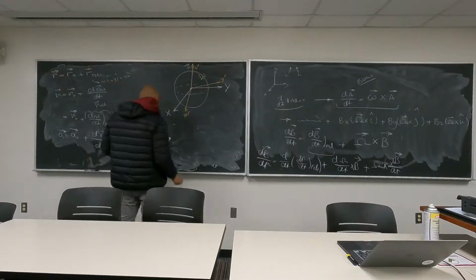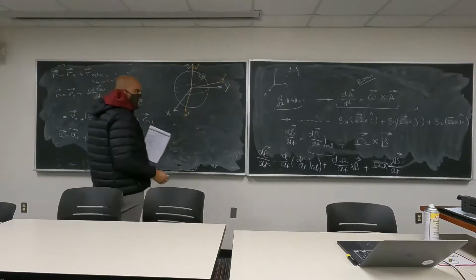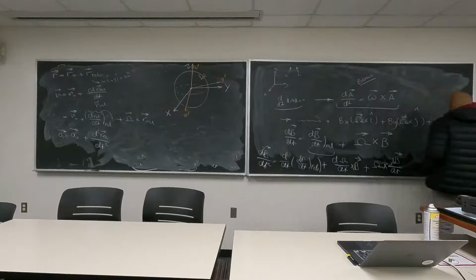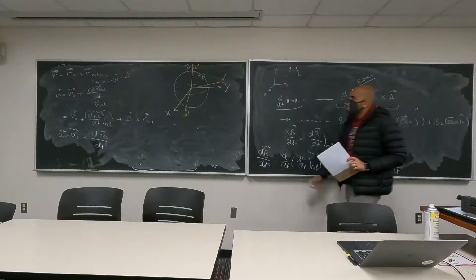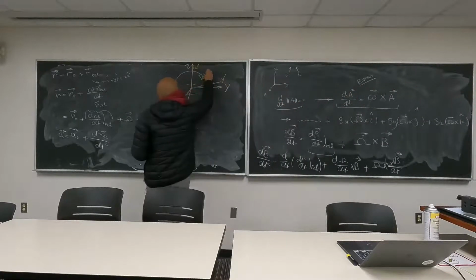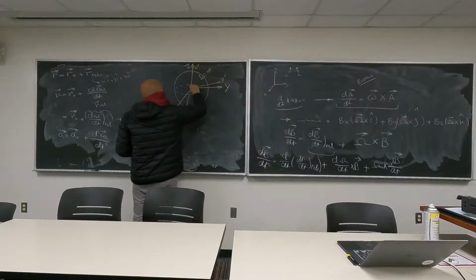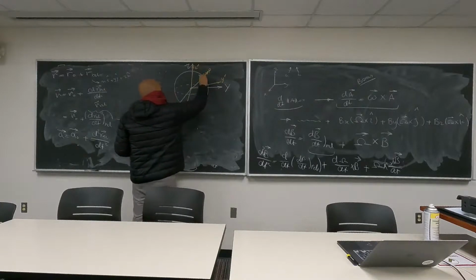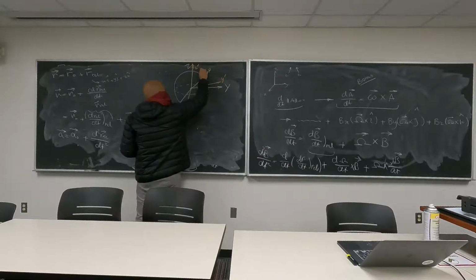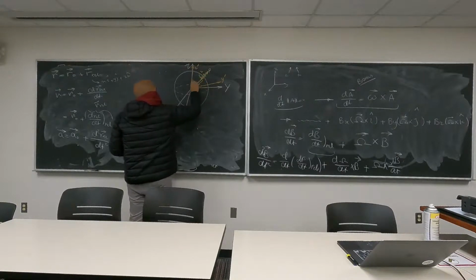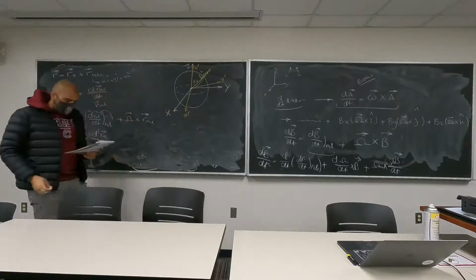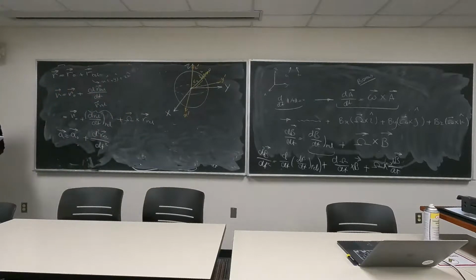So a point P here is going to be like this. This distance is going to be z. This distance is going to be the Earth radius.